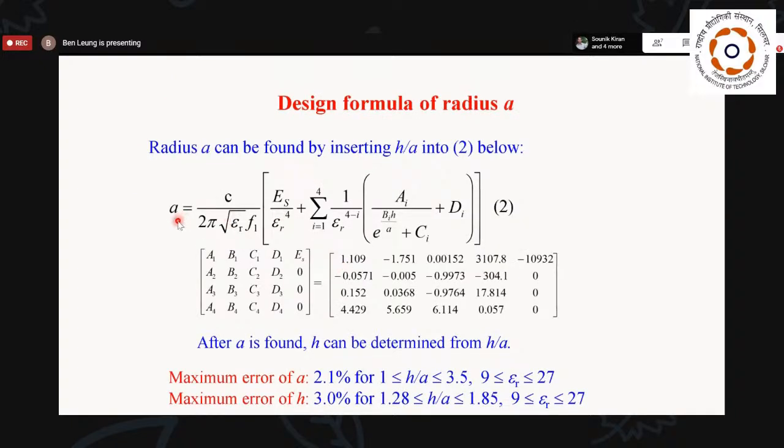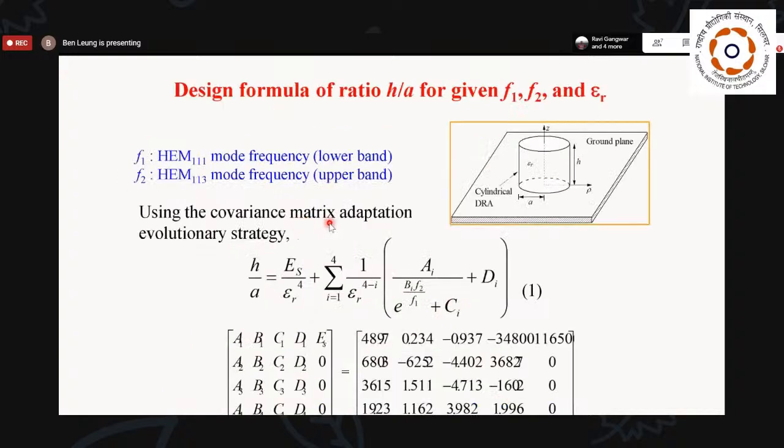Now, by using the analysis, we have a given by this. And now the different parameters are given by this matrix. Again, this matrix was obtained by using this covariance matrix adaptation evolutionary strategy.